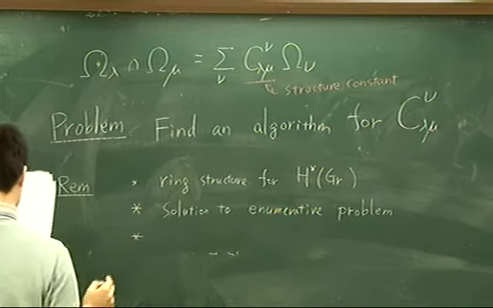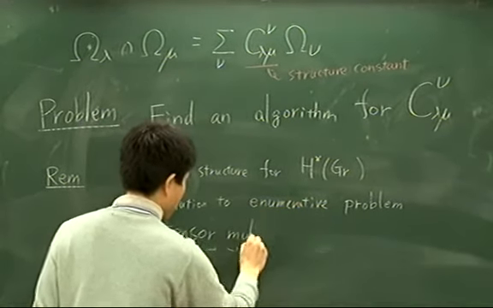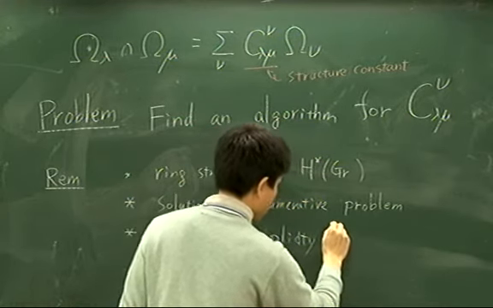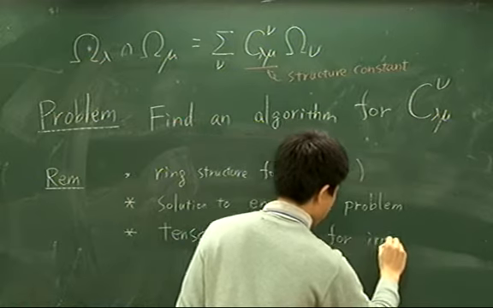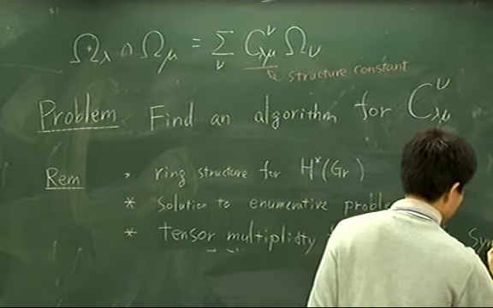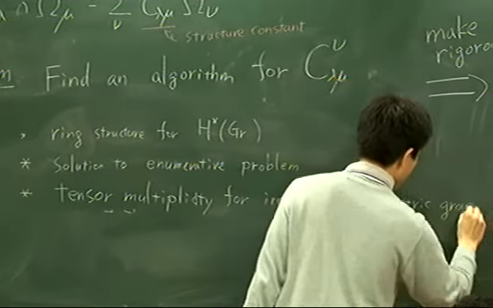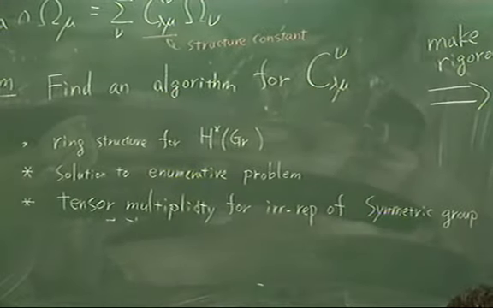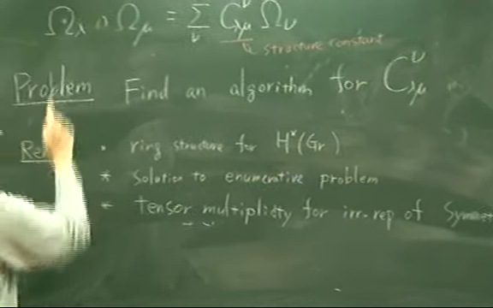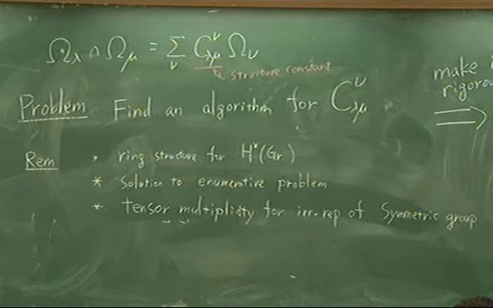The third one is tensor multiplicity for irreducible representations of the symmetric group. As you can see, for the index for this subvariety, I used some boxes.